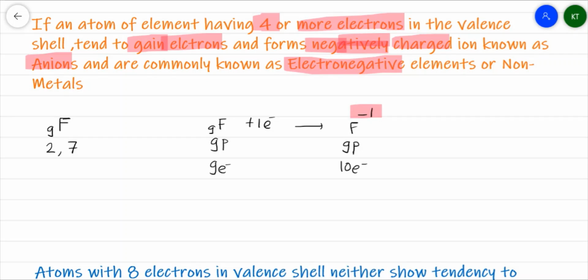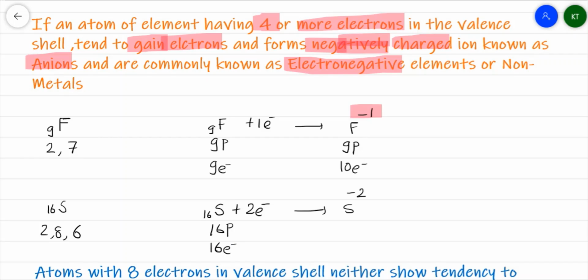Then let me have another example here, sulfur, whose atomic number is 16. The electronic configuration becomes 2, 8, 6. Now this sulfur gains 2 electrons and gets converted into S minus 2. Now why S minus 2? Sulfur has 16 protons and 16 electrons.